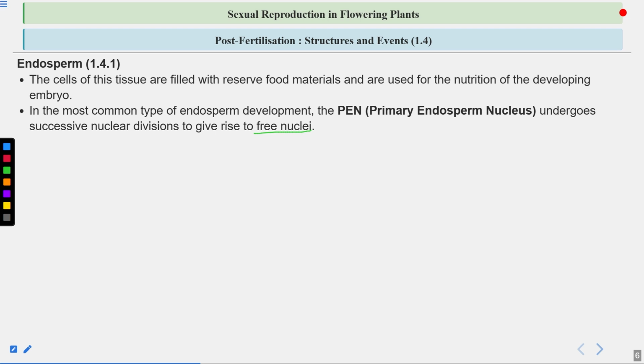Actually, there are three different types of endosperm, but in your syllabus only the nuclear endosperm is mentioned. The three types are nuclear endosperm, cellular endosperm, and helobial endosperm. I'll tell you what these are, but in your NCERT only the nuclear endosperm is mentioned.